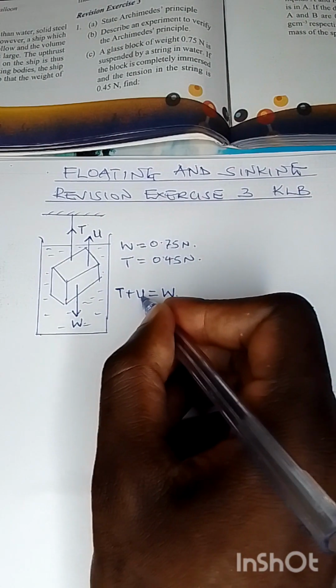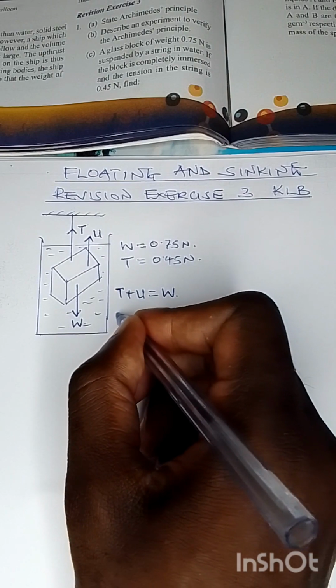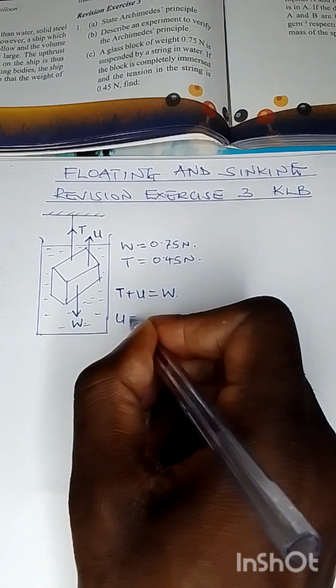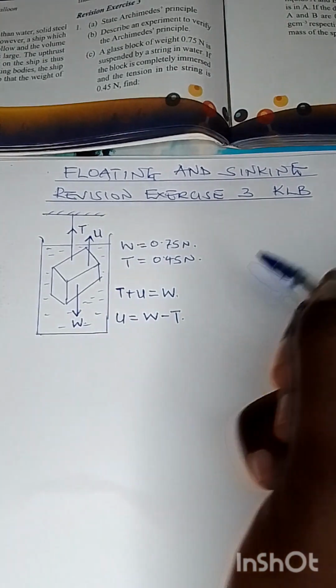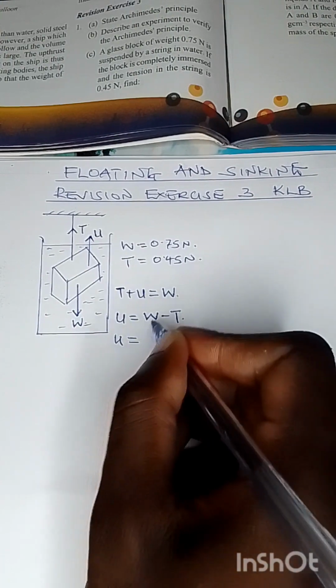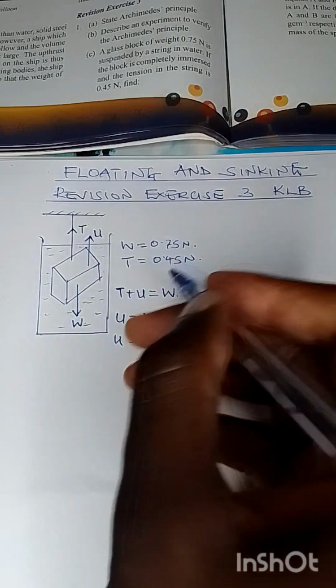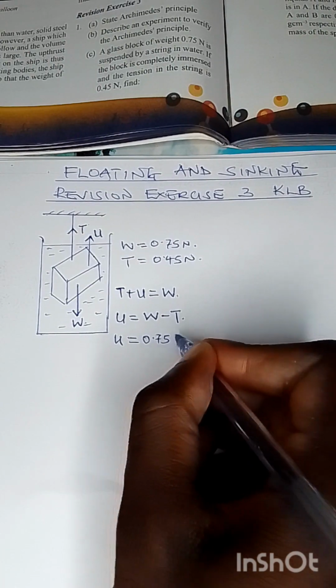Now we need to get the upthrust. The first question was to get the upthrust. Mathematically, upthrust will be weight less tension, and therefore upthrust is equal to, the weight here is 0.75.